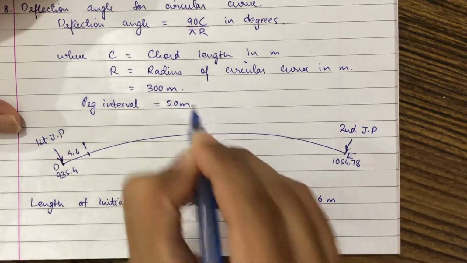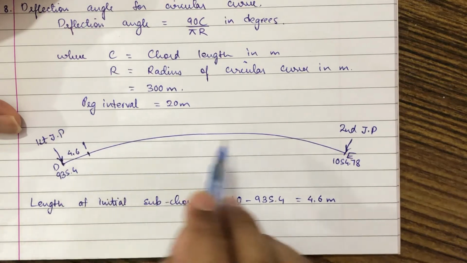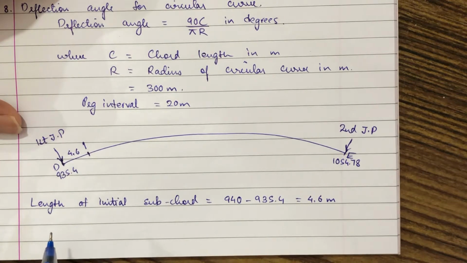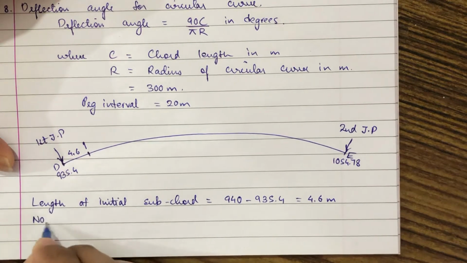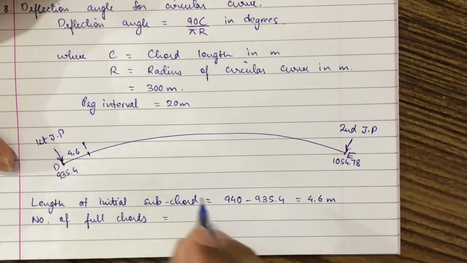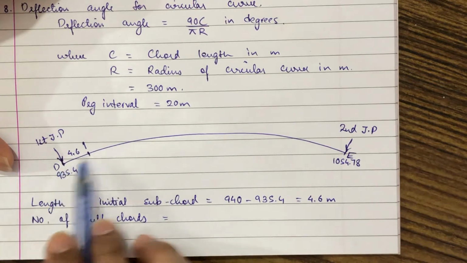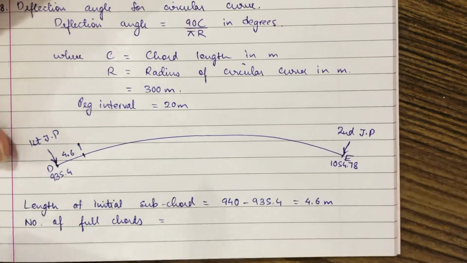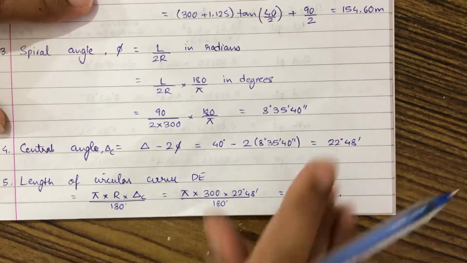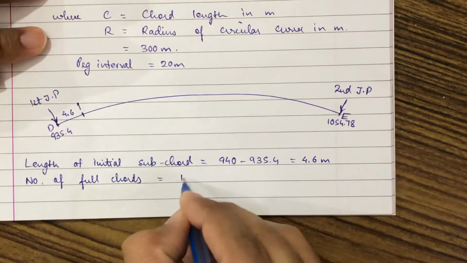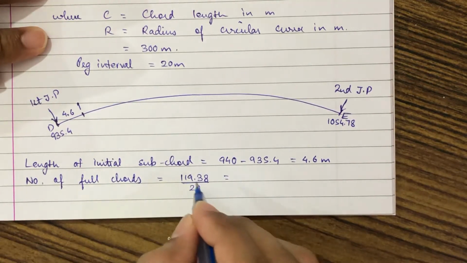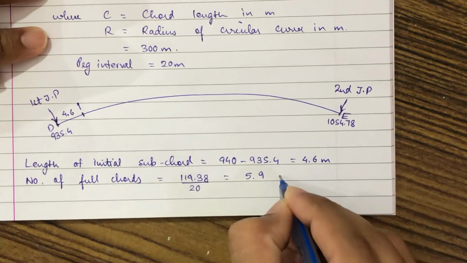From here, we have to decide how many points have to be made. The number of full chords will be equal to the length of the circular curve, which is 119.38, divided by the peg interval, 20. This comes out to 5.9, which you assume as 5.